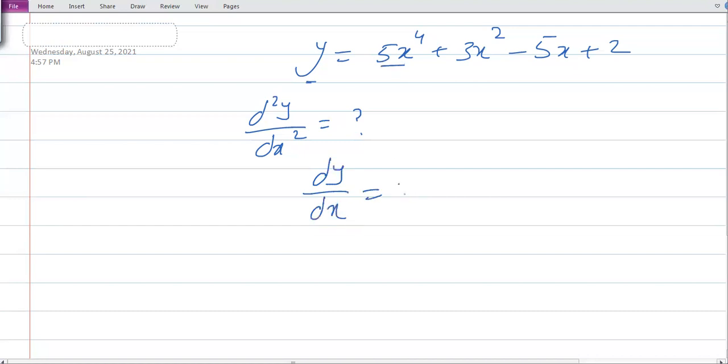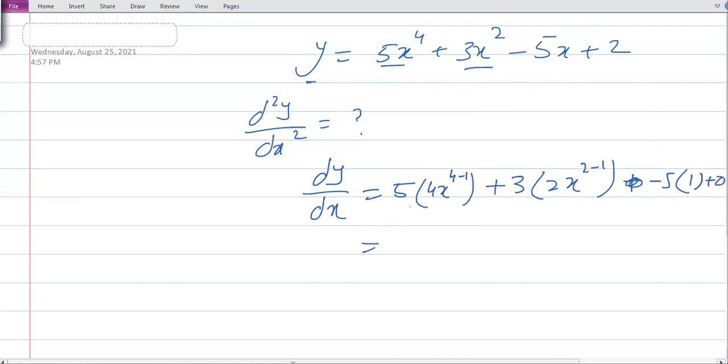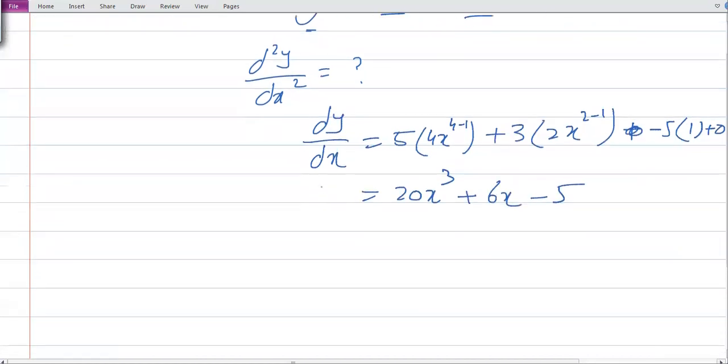Okay, from this one 5, for x power 4 use the power rule, bring the power down, 1 minus from the power, plus now for this one bring the power down, 1 minus from the power, plus, sorry, it is minus, 5 into for x it is 1, and then plus 0. So what will it be, 5 into 4 is 20x cube plus 6x minus 5. This is our dy over dx.